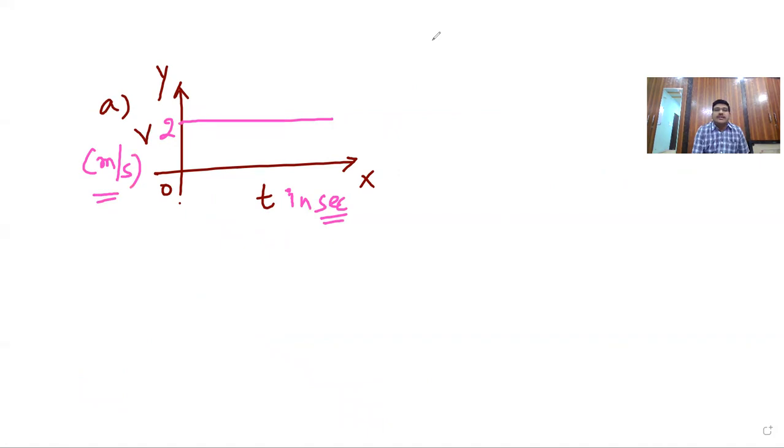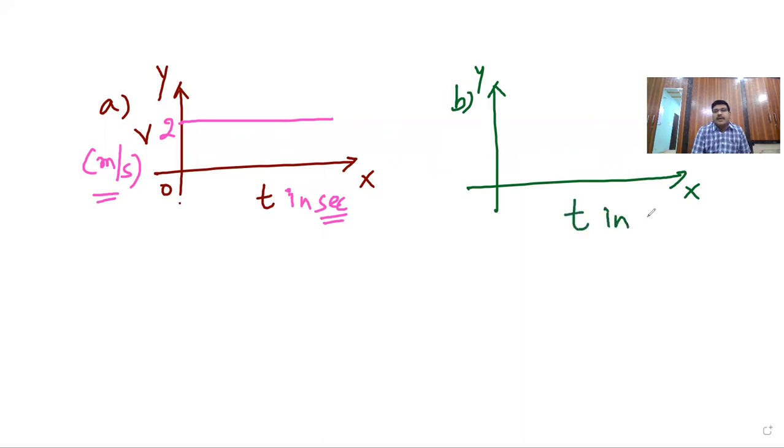The second option he has given, that is the B option. This is the x-axis, this is the y-axis. On the x-axis, time t in seconds. On the y-axis, velocity in meters per second.